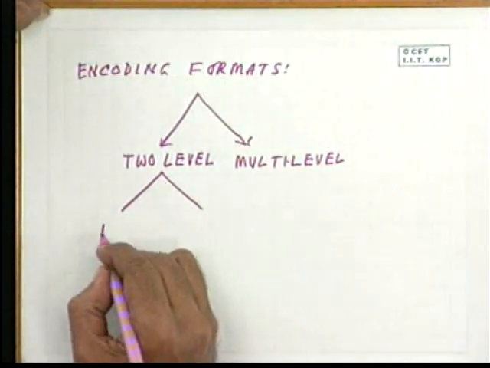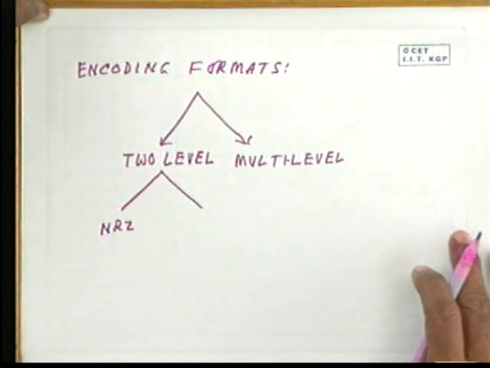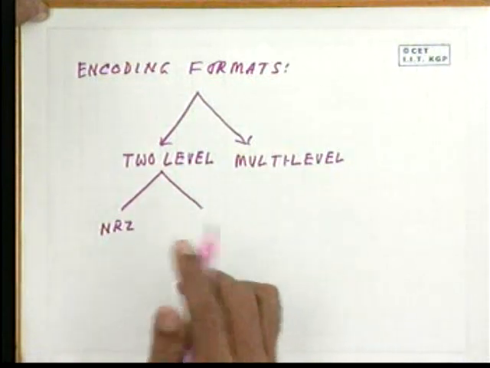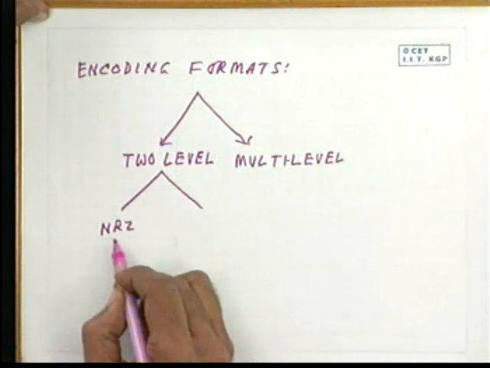One is known as NRZ, non-return to zero. That means during a bit duration, if the signal returns to zero level, we call it return to zero, and if it does not return to zero level, we call it non-return to zero, NRZ.